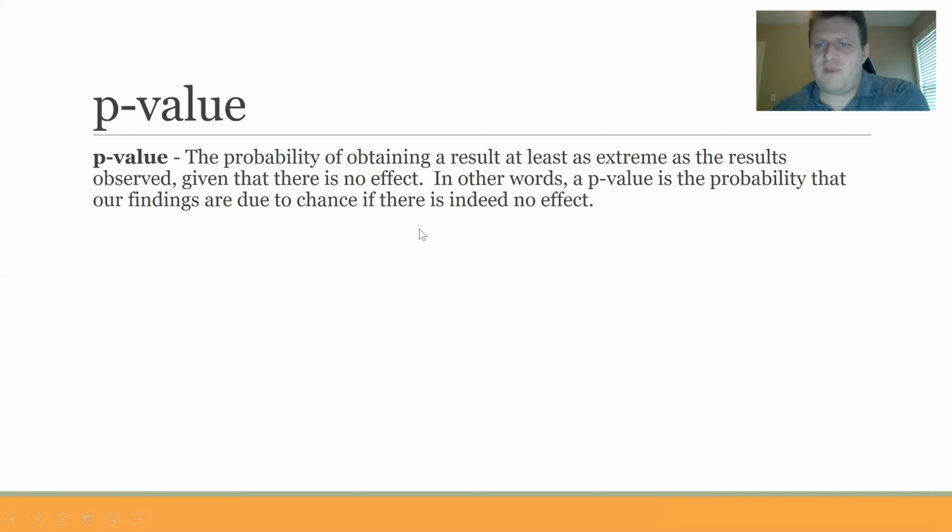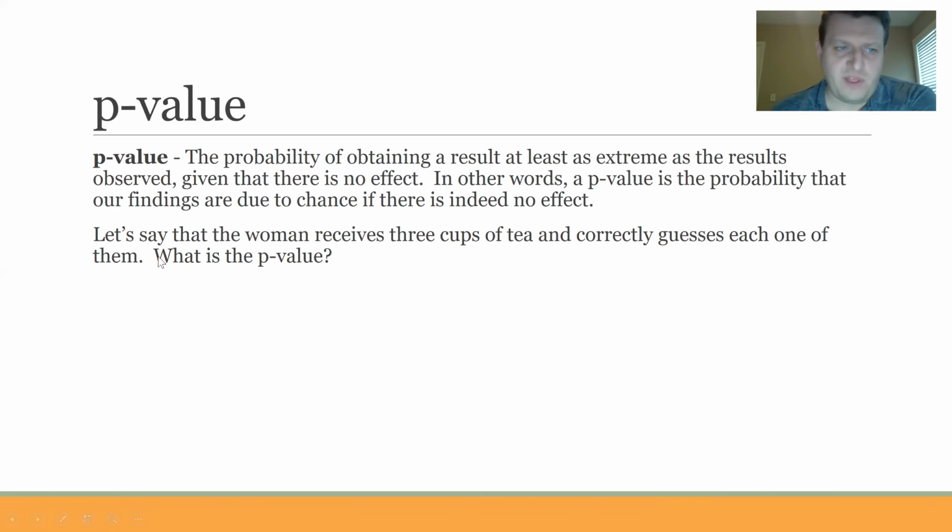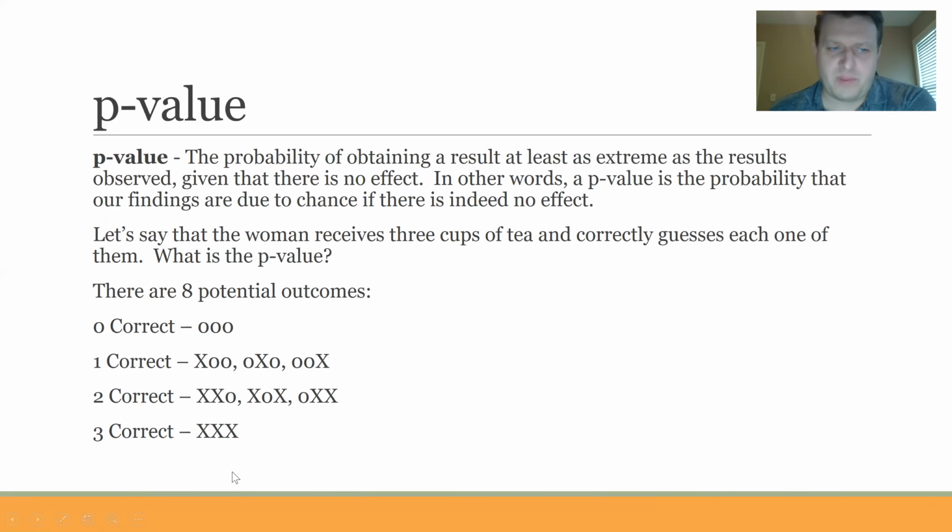In other words, a p-value is the probability that our findings are due to chance and that there is no effect in our study. All right, so let's say that Muriel receives 3 teacups and she correctly guesses each one of them. How would we calculate the p-value? Well, let's write out all of the potential outcomes. Here the zeros represent that Muriel doesn't get it right, and the x's represent that she gets them correct.